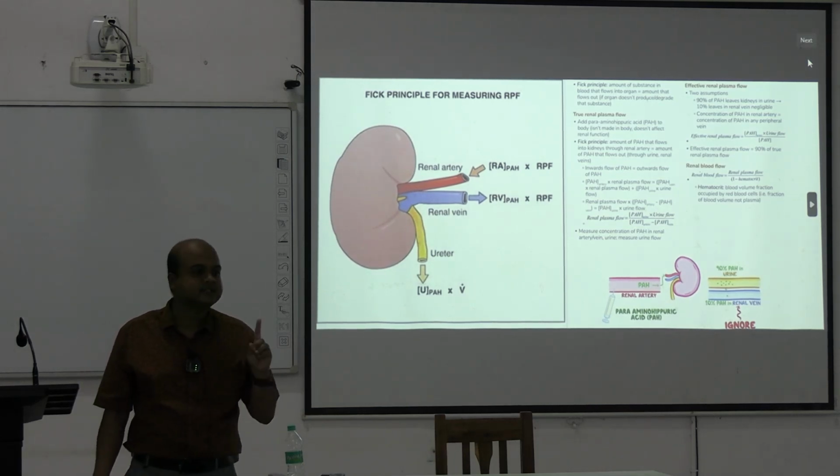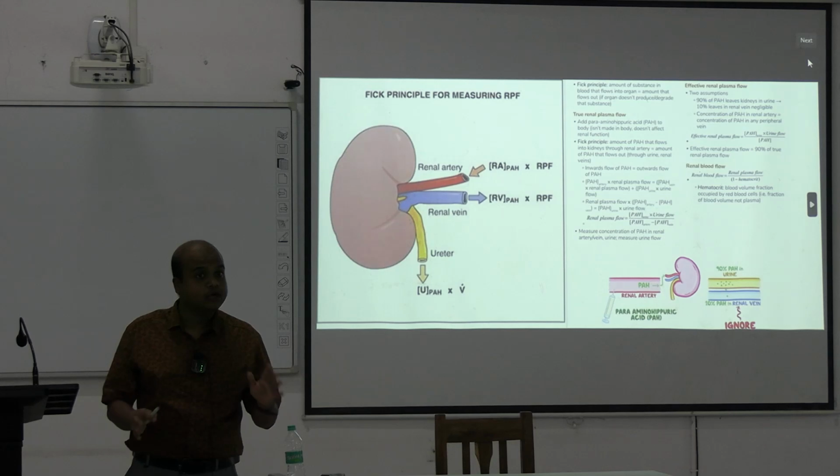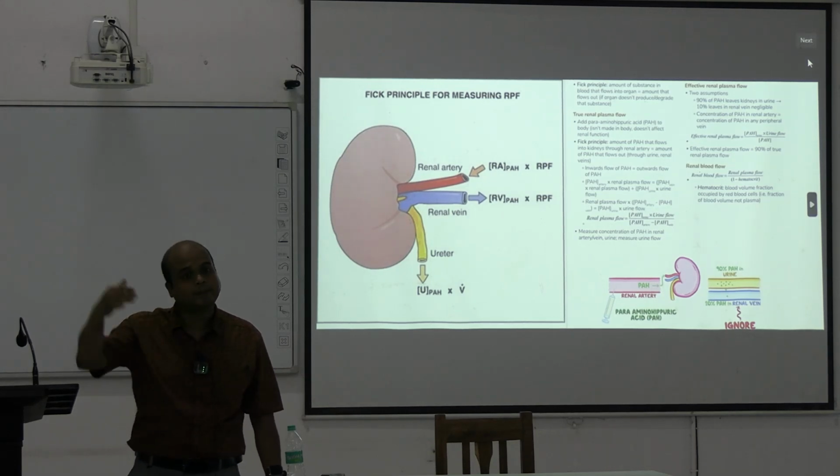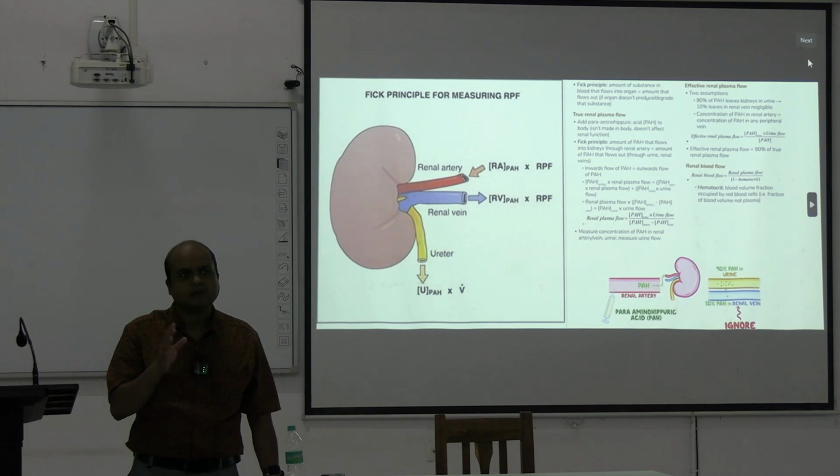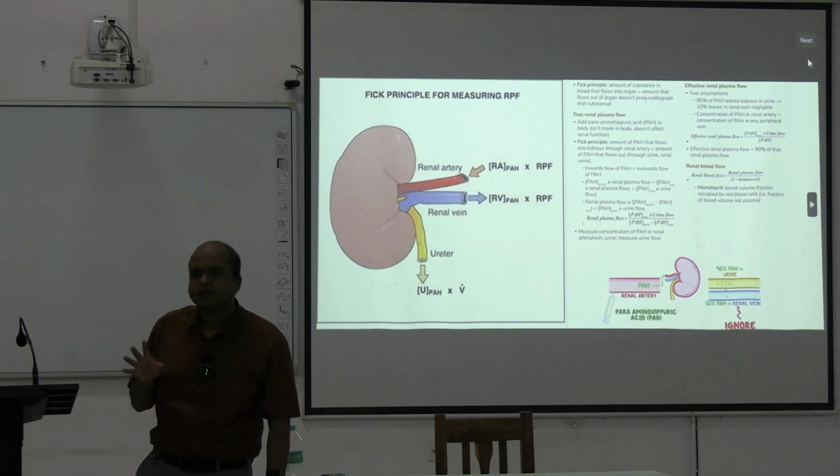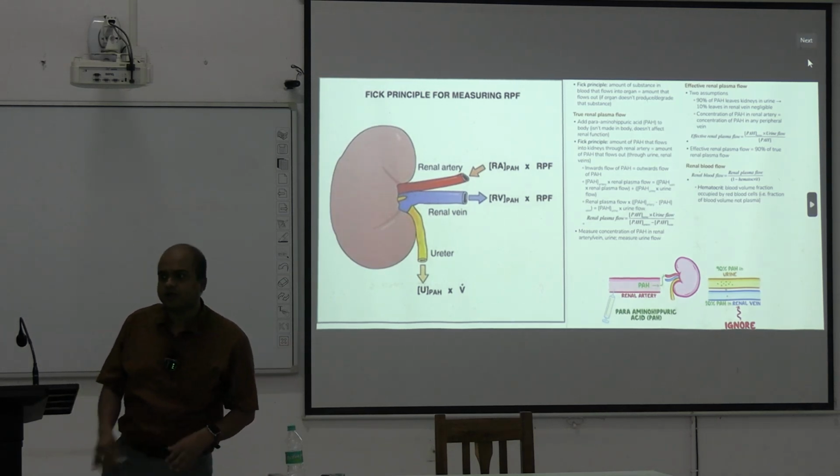One such substance is para-aminohippurate, only one such, and still it does not fulfil the criteria wholly. 90% is fulfilling these criteria, 10% goes back to the renal veins, but still 10% is negligible. So we calculate it on the basis of renal plasma flow.